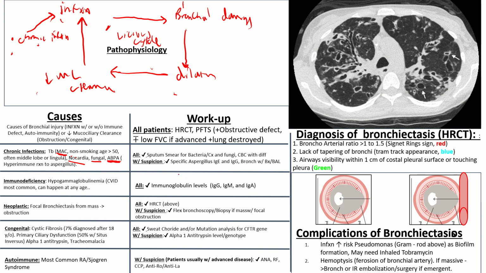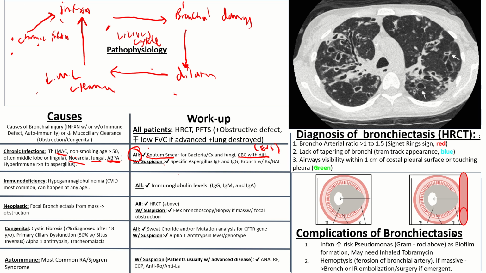So all patients that have any diagnosis of bronchiectasis, you really want to check a sputum smear and a CBC with diff to look for eosinophilia, which could be present in ABPA, to work these things up.